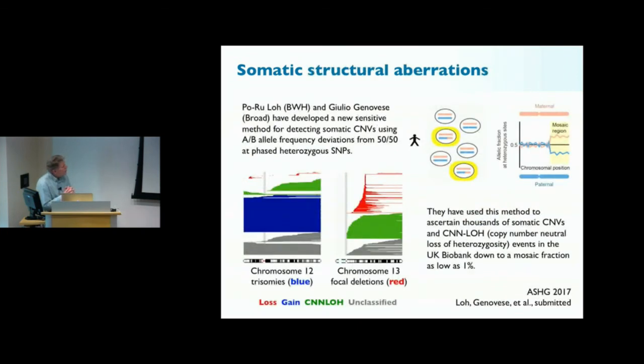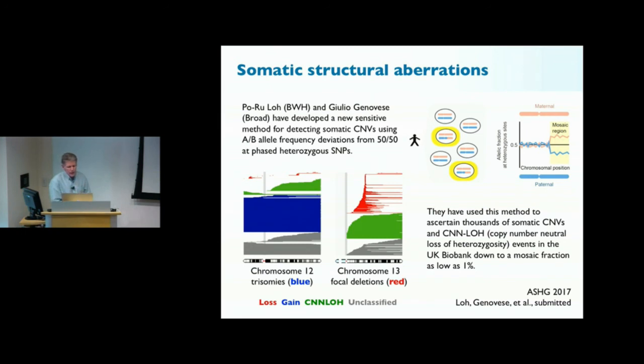And this is kind of a precursor to introducing that Po-Ru and Giulio, Po-Ru Loh, who's at Brigham and Women's and formerly in the Price Lab, have been this year working on a new, more sensitive statistical method for detecting these somatic CNVs, basically by combining the AB allele frequencies with very good long-range phasing from EAGLE.